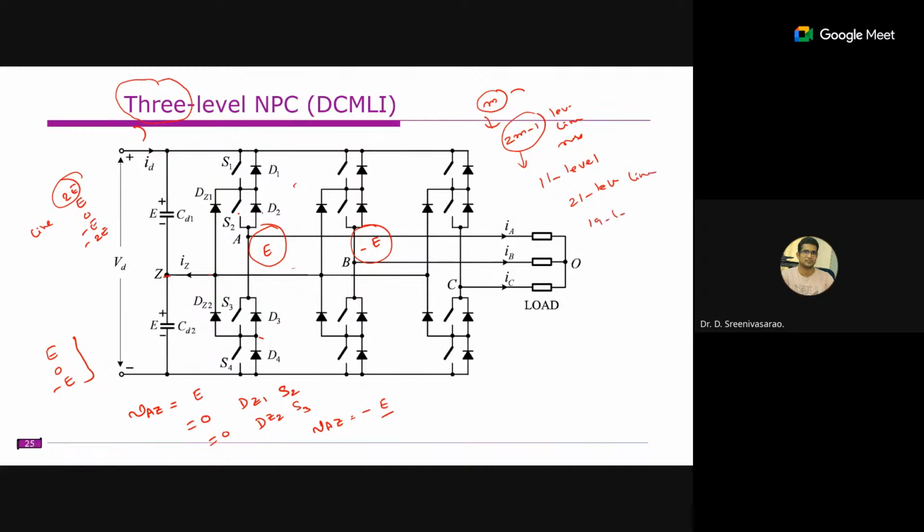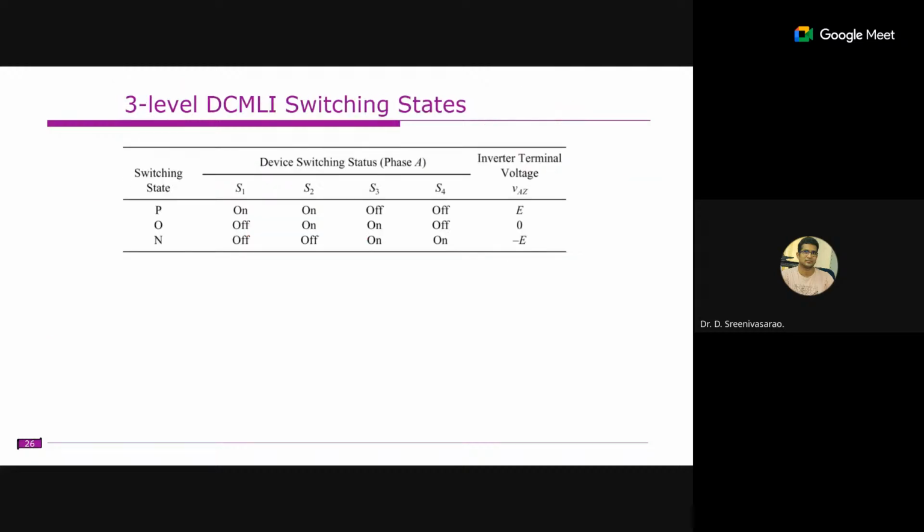Roughly you will get 19 or 17 levels, right? So the number of levels means the phase voltage number of levels, and you have a maximum of 2m minus 1 levels in the line voltage. If you want to extend this to more number of levels, that is relatively simple.